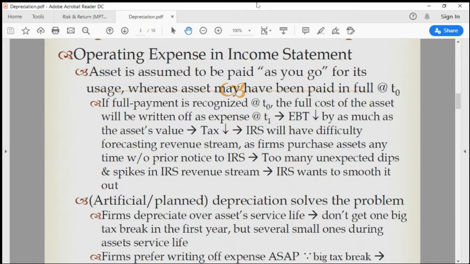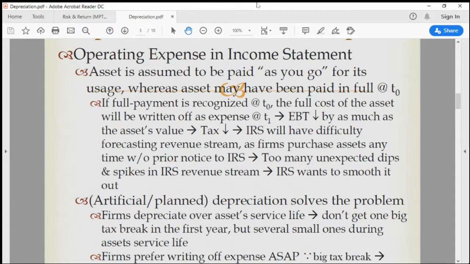So what solution did they come up with? The solution is, you bought a car and you paid 50,000 for the car, but don't write it off in year one. Instead, spread it over 5 years. Then each year you only write off 10K, 10K, 10K each year, just 10K over 5 years.